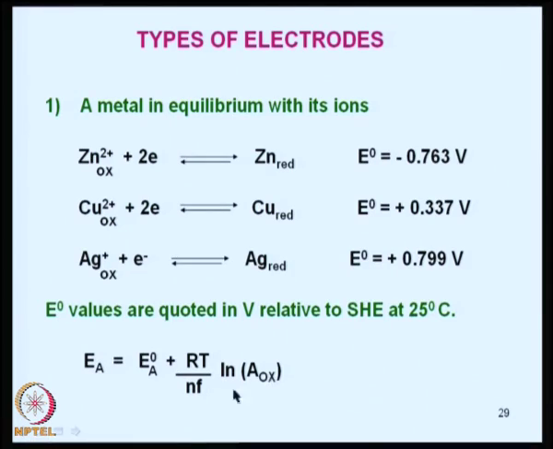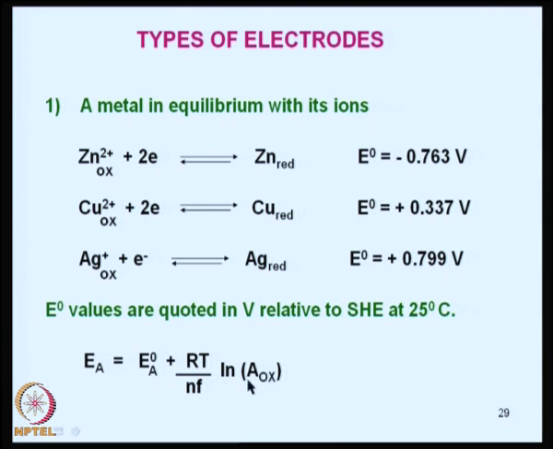E_A is equal to E0_A, that is the standard electrode potential with respect to the hydrogen electrode, plus RT by nF ln a_oxidant. That is, the actual EMF is the standard electrode potential modified by the oxidant and reductant ratio.